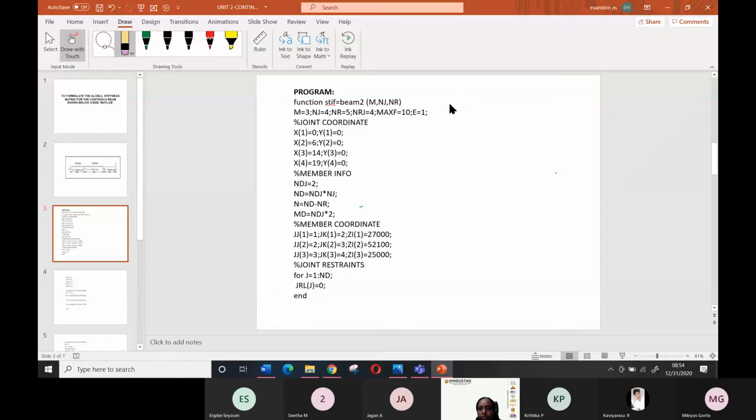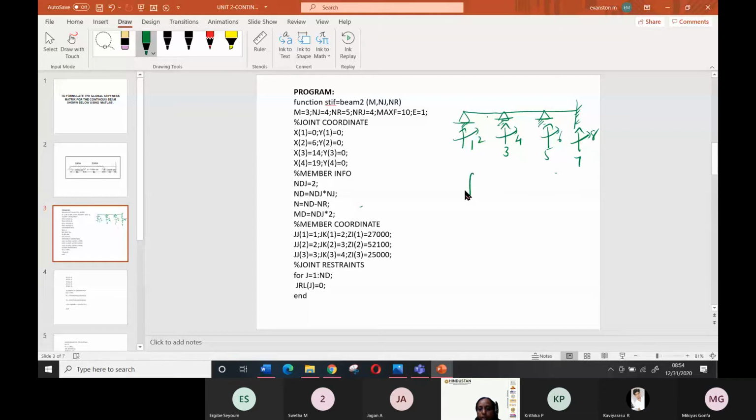We start from here. So what is happening: for j is equal to 1 to nd, JRL of j is equal to 0, and end.